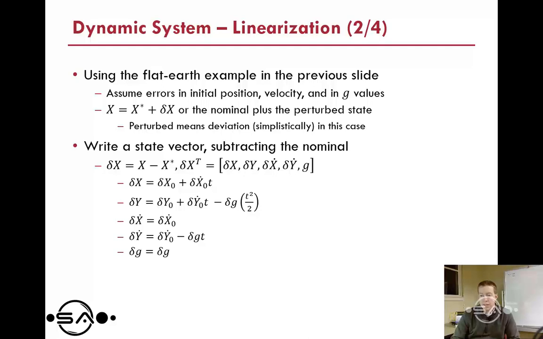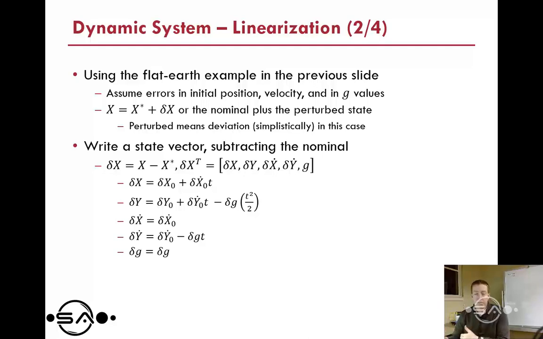And so that means that we're going to have this perturbed state, where the true trajectory is equal to the nominal trajectory plus some perturbation, or some deviation.